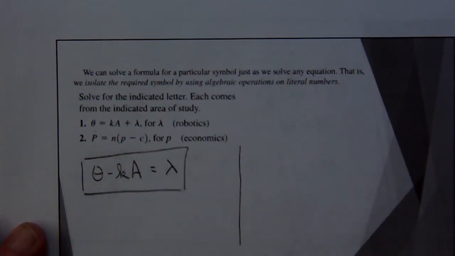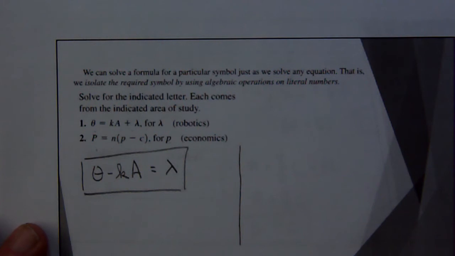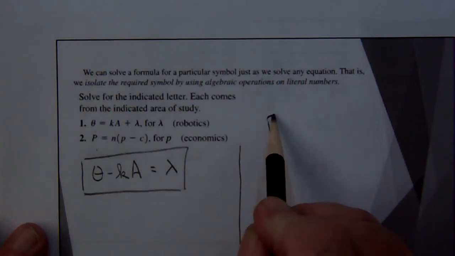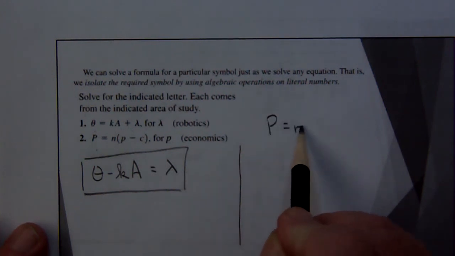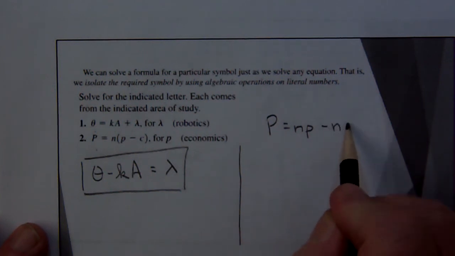The next example is a little bit more complicated. This comes up in economics, and we want to solve for lowercase p. Now notice we have a capital P that means something different. The first thing I would do on the second example is distribute on the right-hand side. So capital P is equal to n times lowercase p minus nc.